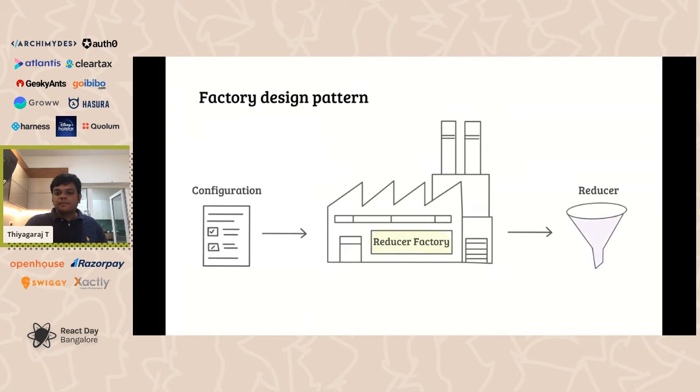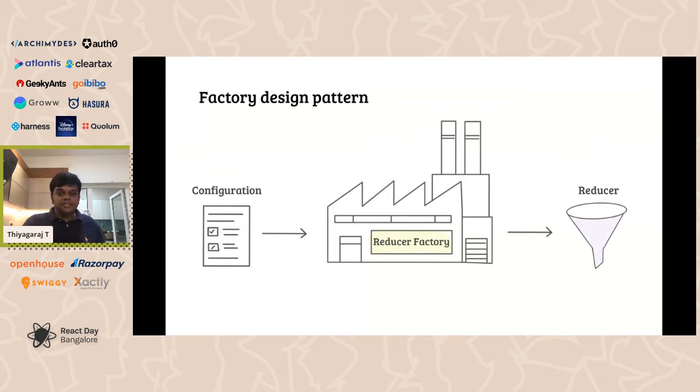So instead, let's put it this way: instead of building a funnel by yourself, let's create a constraint-based funnel. So let's assume we can create a factory that accepts a spec that defines certain behavior or patterns. And basically your factory will return a funnel instead of you writing one long switch case by yourself. Something we need to note here is that the funnel is still a black box.